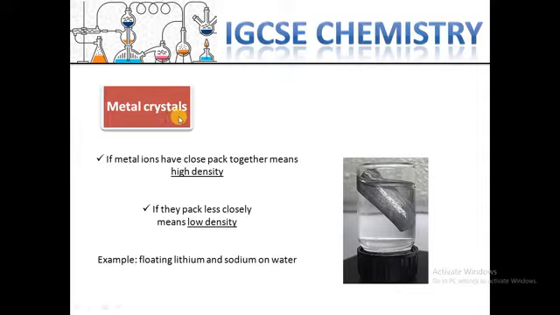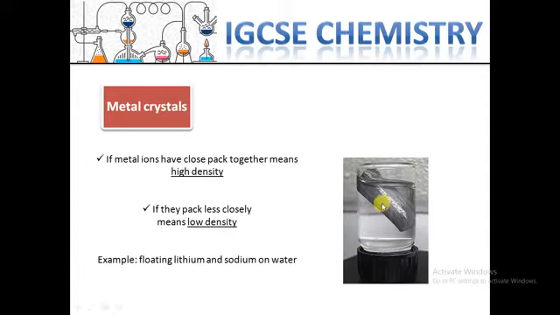First, metal crystals. The first point is, if the atoms or ions pack to each other very closely, they will have very high density, very heavy. Or if they pack less closely, they have low density, like lithium or sodium.